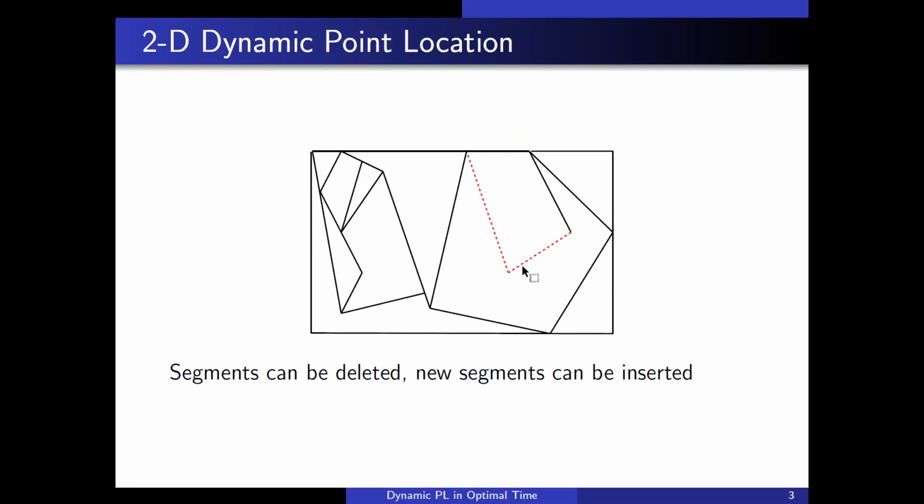So here, these 2 red dashed segments are deleted, and we can also insert new segments. So suppose that we also insert these 3 blue segments. And now when we ask the same query point Q, the answer will be this red triangle.